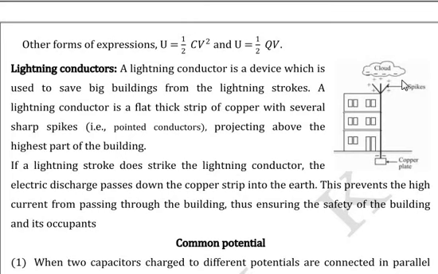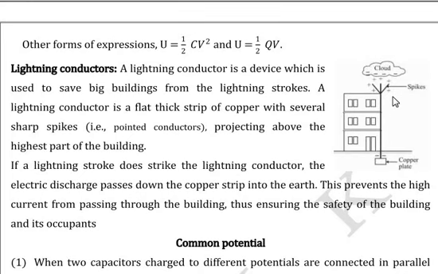So you can observe these lightning conductors in tall buildings. You will not find them normally in buildings having 1 or 2 stories, because that is not necessary, but only in very tall buildings where you have multiple stories, you need these lightning conductors.